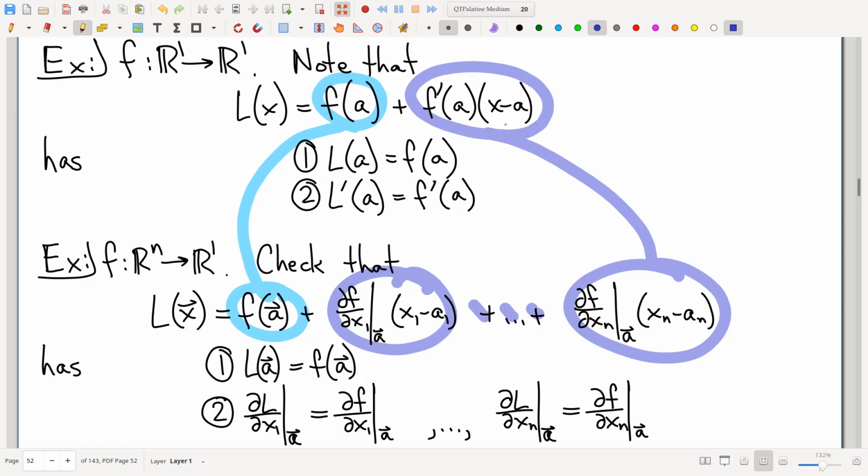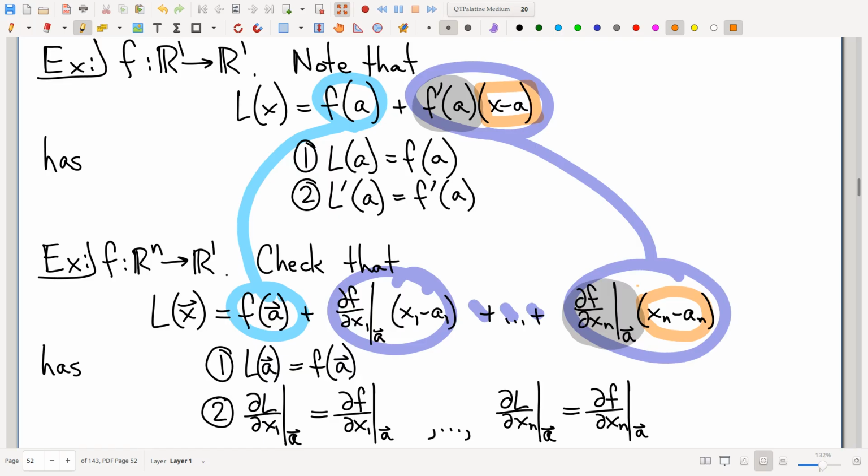And notice again, what we have is a constant times a difference. Now this is the difference between the base point and the variable where you're evaluating. This is likewise, but just the nth coordinate of the point where you're evaluating minus the point where your base point is.